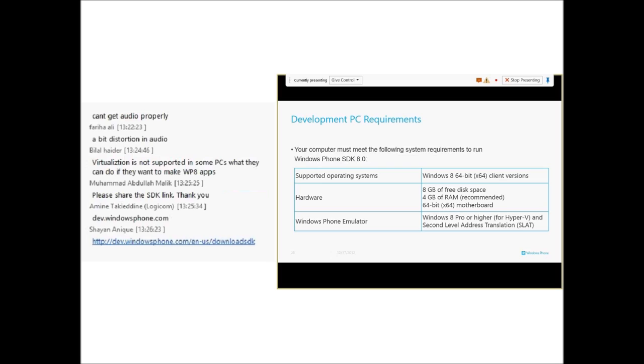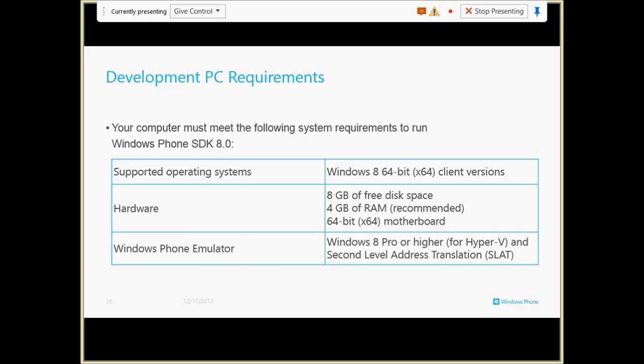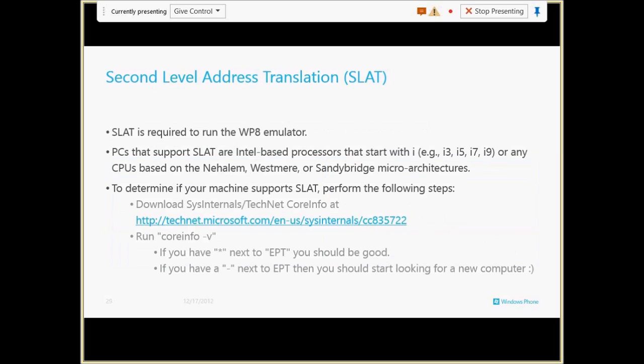As for second level address translation, it is required to run the Windows Phone 8 emulator. If you've got an i3, i5, i7, or i9 Intel-based processor, it most likely would run normally, or if you've got CPUs based on Nehalem, Westmere, or Sandy Bridge microarchitecture, they should work as well.